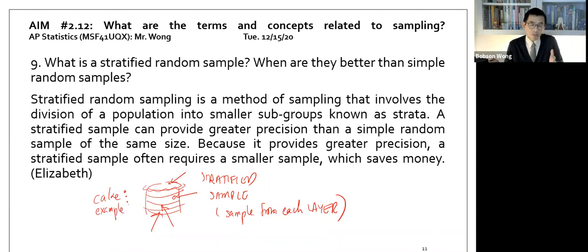Now that implies that we know what the layers are beforehand. And so if we can clearly identify layers, then in a stratified sample, we take a little bit of the frosting, and we take a little bit of the top layer, and we take a little bit of the bottom layer, and we take a little bit of the middle layer, and we take a little bit of the crust. So we identify the different parts, and we take a sample from each part.